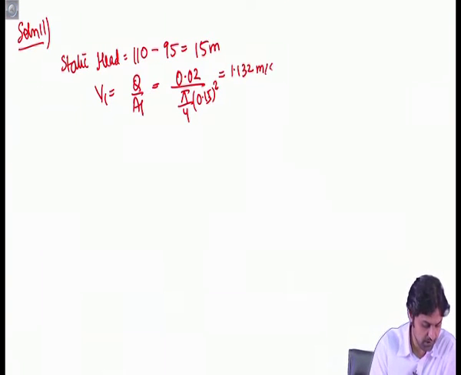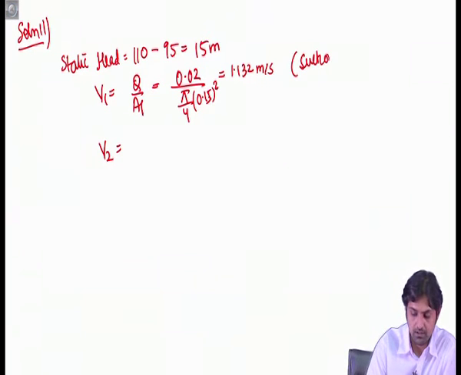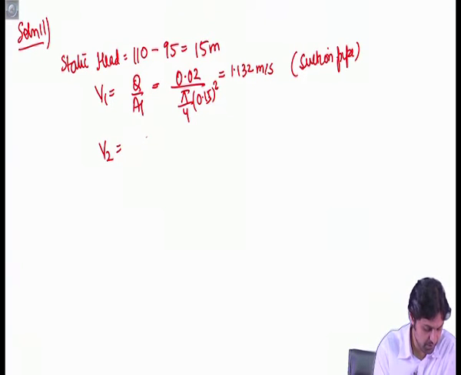So it will come out to be 1.132 meters per second. Similarly, for the delivery pipe, V2 is the velocity in the delivery pipe, and V1 is in the suction pipe.